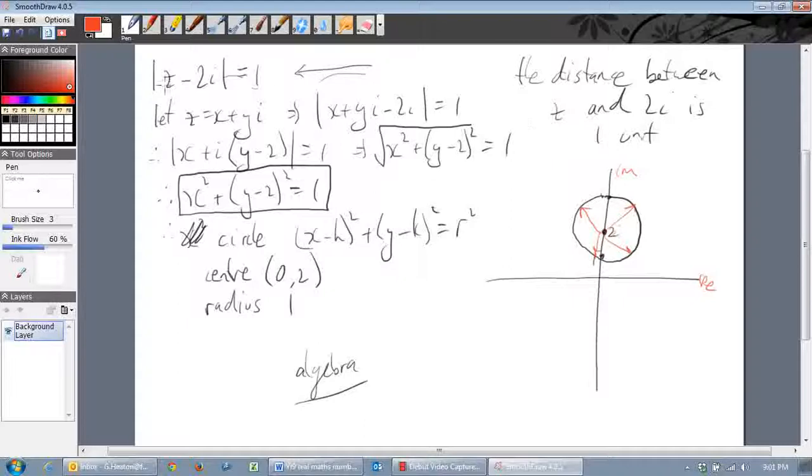And so if you can look at this and go, well, the distance between z and 2i is equal to 1, then you can figure out that's a circle. It's going to be a circle equidistant from 2i with a radius of 1. And so it's much faster just thinking about it and being able to draw that. But this is how you do it algebraically.